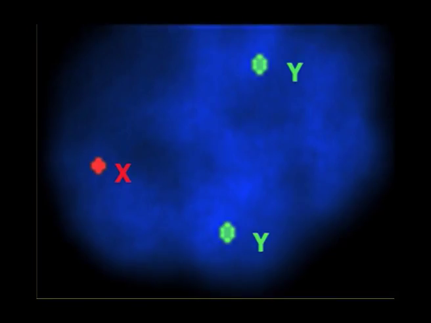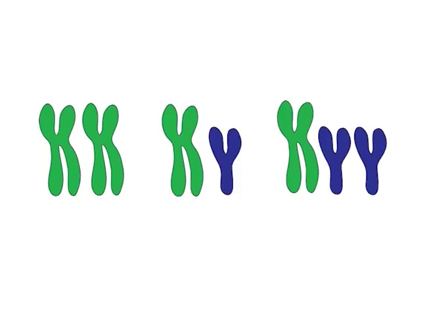The aberrant XYY pattern, which was first identified in Great Britain, seems to produce men who are average in height, below average in IQ, and possibly aggressive and antisocial in behavior. Since the Y chromosome determines maleness, the idea developed that the extra Y chromosome constituted a supermale.